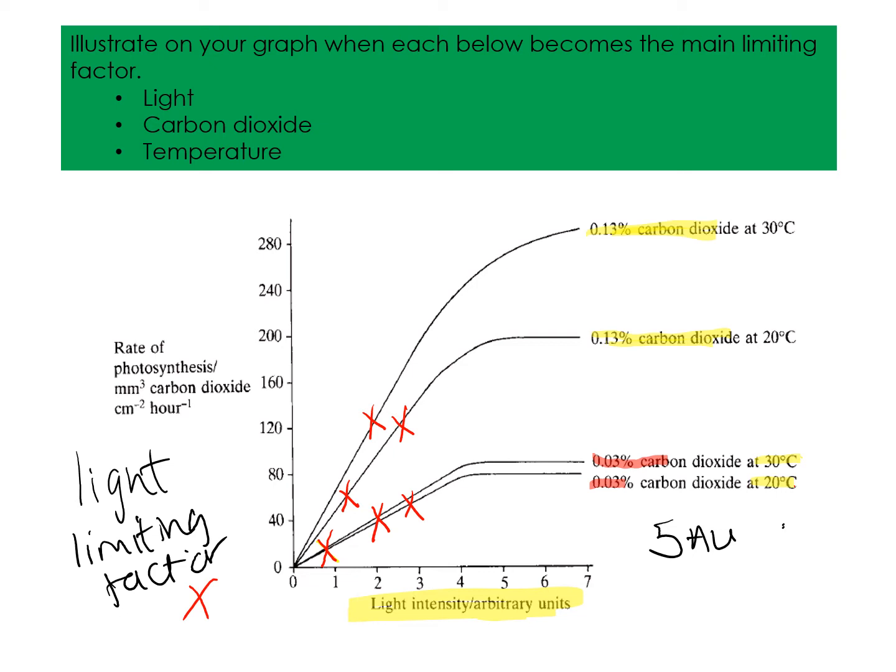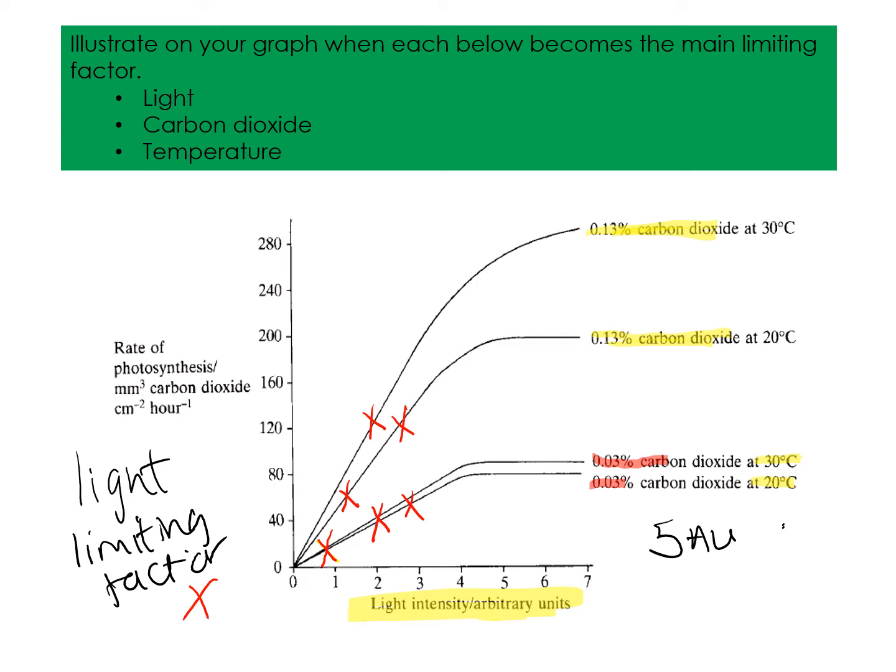Where you've got a low carbon dioxide concentration, you can see that we've only got a small return in rate as we increase the temperature 10 degrees. You should be able to quantify that.